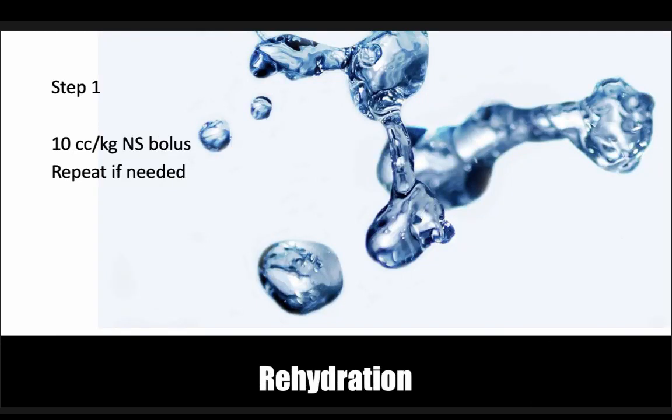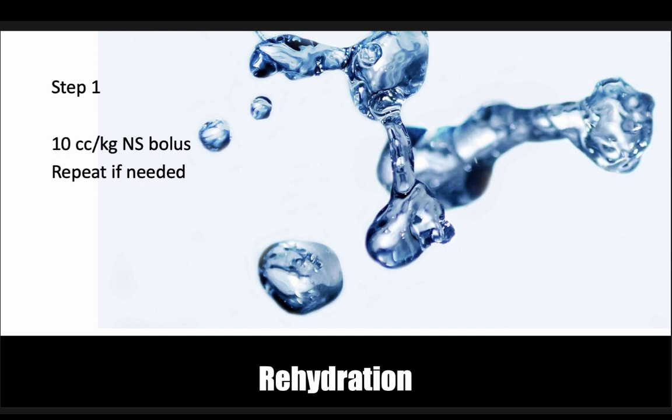And we would give that normal saline over 30 minutes, the maximum of 1 liter. And if she's still showing signs of hypoperfusion, we would administer a second 10 cc per kilo bolus. So that's the new part that we hadn't had in our protocols before, was to administer those boluses, again, with careful monitors and IV in place.